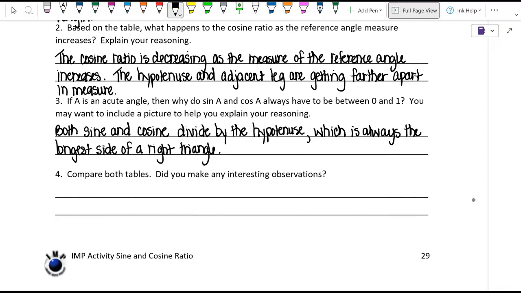The numerator will always be smaller than the denominator.